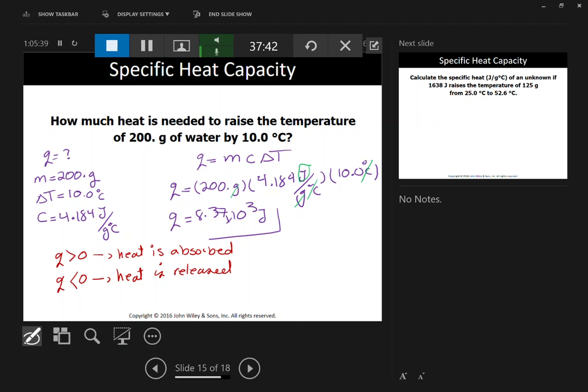Now, if Q is positive, or if heat is absorbed during a chemical reaction, we call that reaction an endothermic reaction. And if heat is released during a chemical reaction, we call that an exothermic reaction.